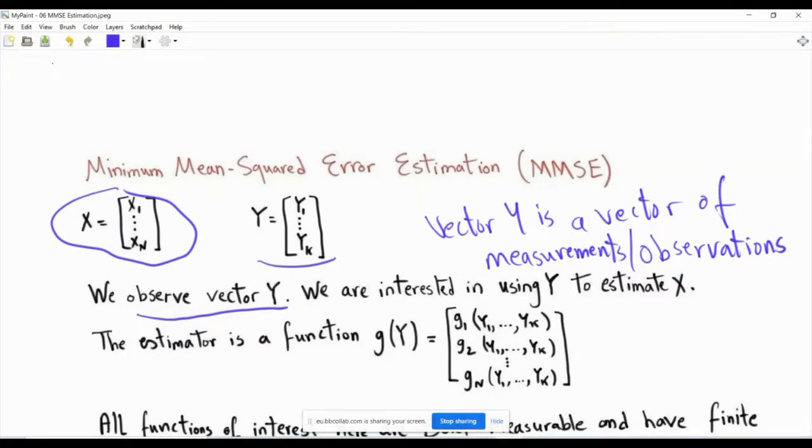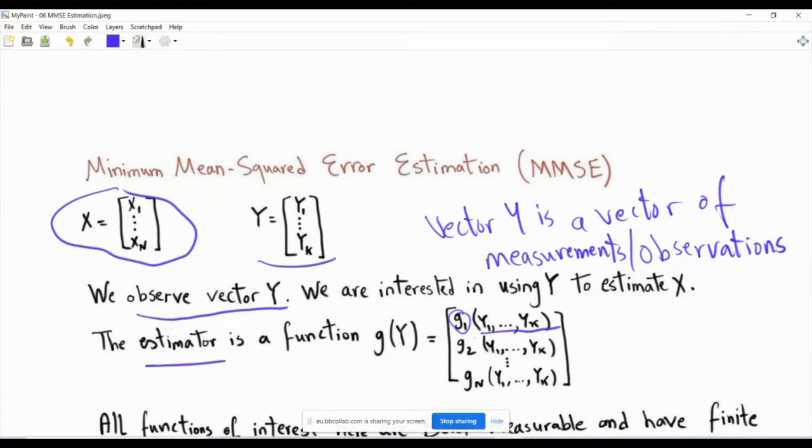Okay, so we want to build an estimator. And the estimator is a function of the observations. So basically we want a function g1 that takes the observations, here in our case y1, y2 up to yk, and this function takes those k observations or measurements and spits out an estimate, a guess for x1.